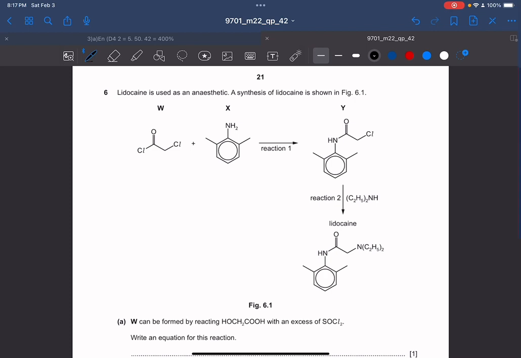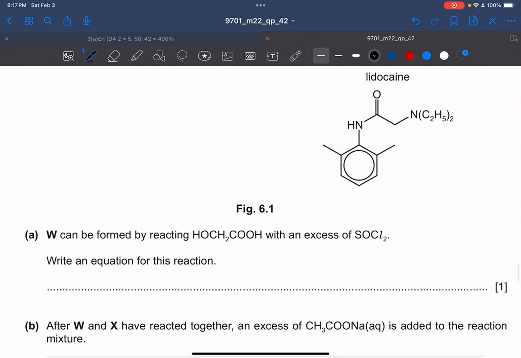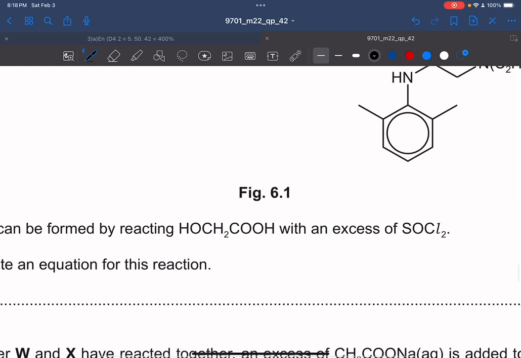All right, so this is going to be the last question in this whole paper, and yeah, let's get on with it. So first part is basically just write a reaction with SOCl2. Here you have to be a little bit careful because SOCl2 can give a chlorine to either an acid or an alcohol.